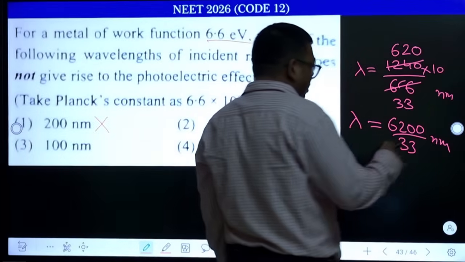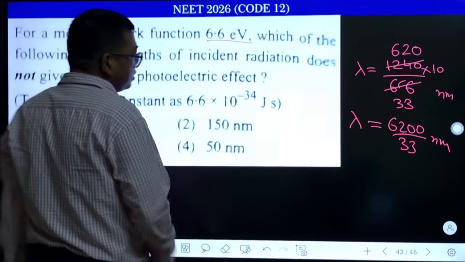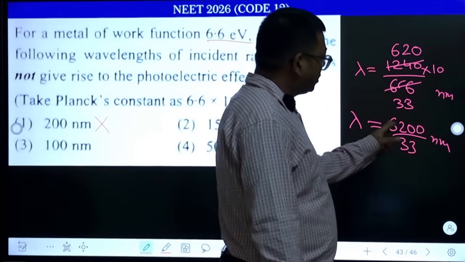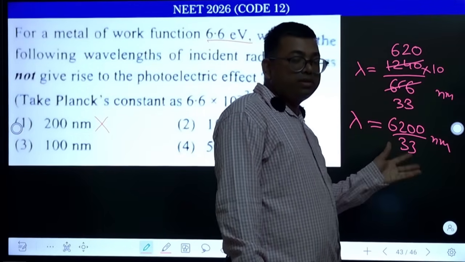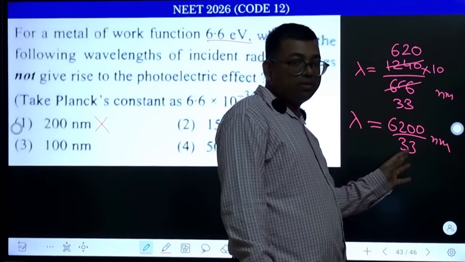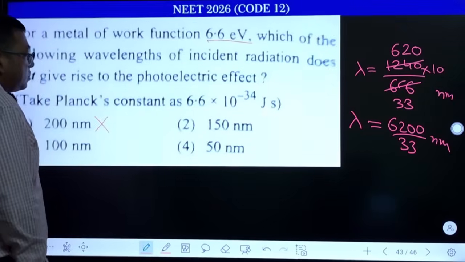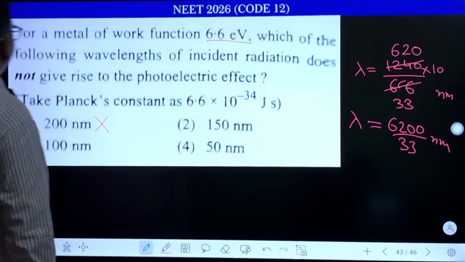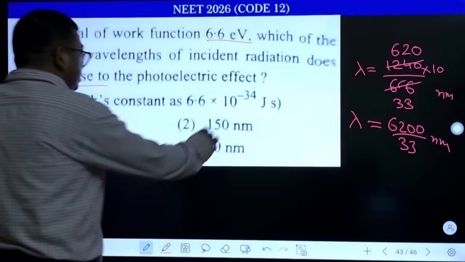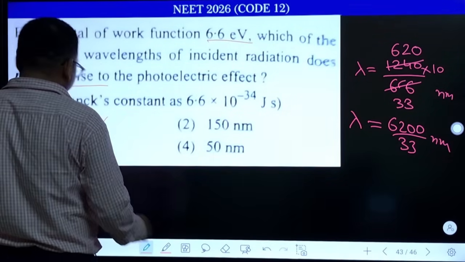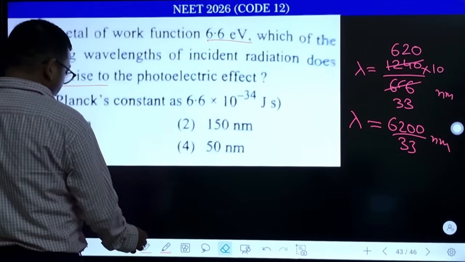This term is going to be less than 200 definitely, because only if it is 66 is it 200. So say something like 198 will be there, and it has to be less than that 198. So this is definitely not possible. And they are saying not give rise. All these will give rise; only this will not give rise. So the only answer is option 1. Not give rise means we have to choose the first option only.